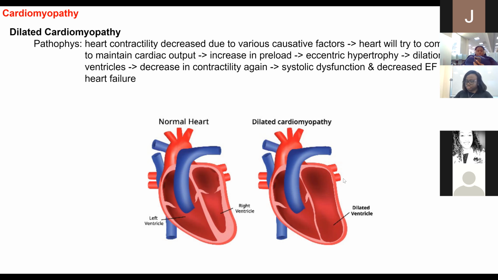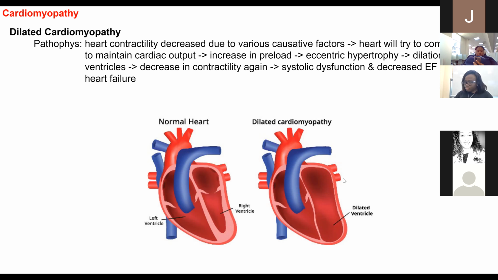You need more blood to be shuttled out because you have more left in the chamber at the end. So you're going to have something called, the big word they're going to tell you, myocardial remodeling. Basically a fancy way of saying we're going to find a way to make this heart work a little bit better, right? The way that they do that is something called eccentric hypertrophy.